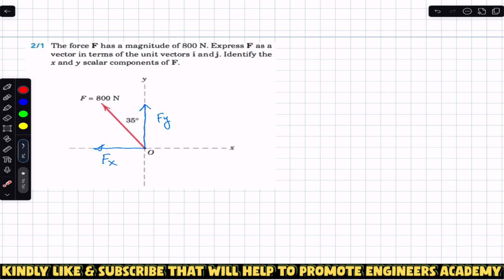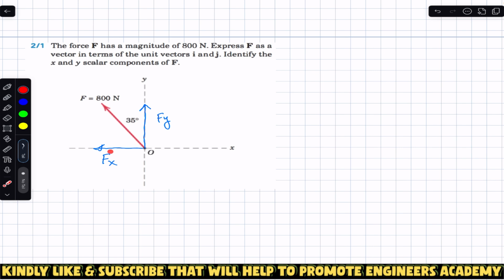As we can see, this force F is starting from O and going up towards the positive y direction. So that's why we have the F_y component in the positive y direction. Similarly in the x direction, this arrow is towards the left of the positive x-axis. So that's why F_x is acting towards the negative x-axis.